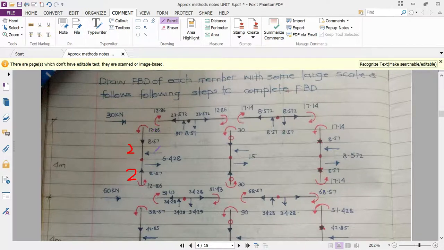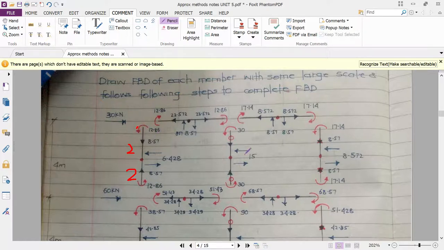Now as this arrow is moving on the left hand side, it will try to deflect the column in leftward direction. So in order to counteract, or in order to balance this column in rightward direction, we have to apply an anti-clockwise moment here of 12.86.